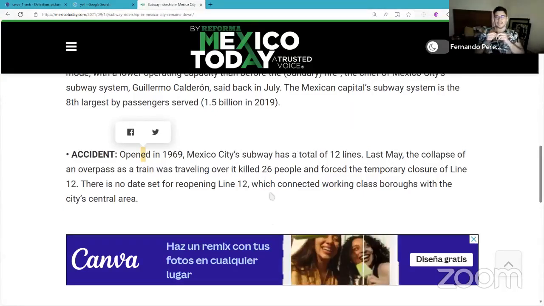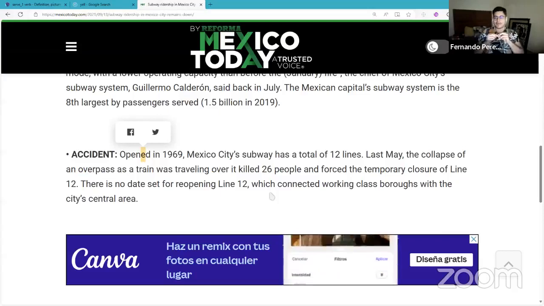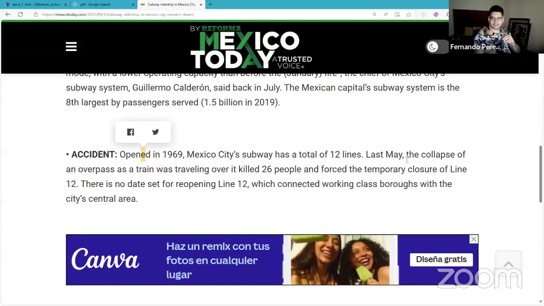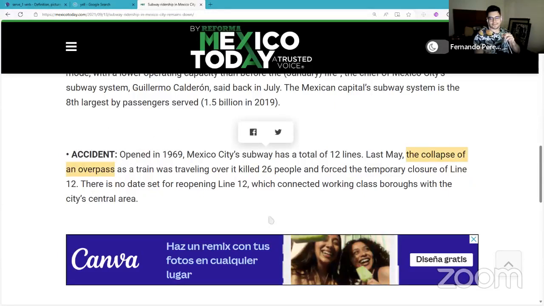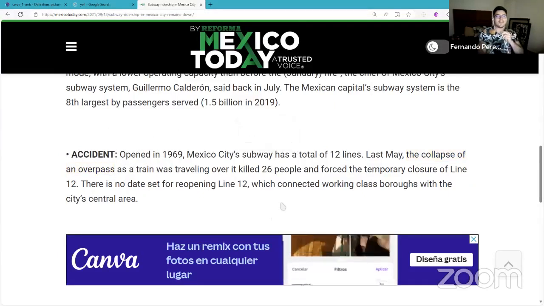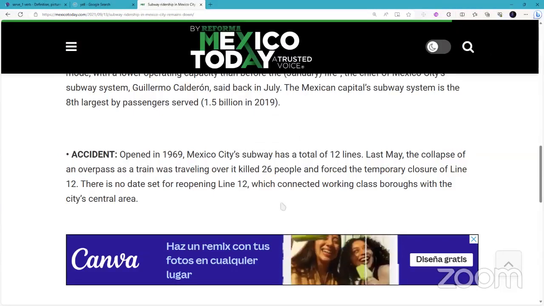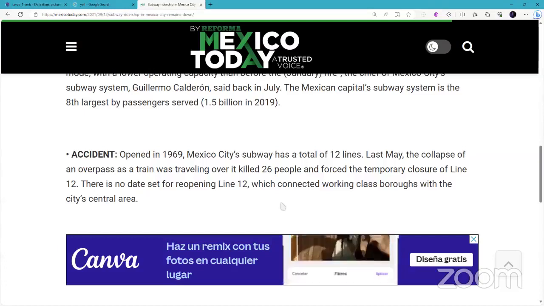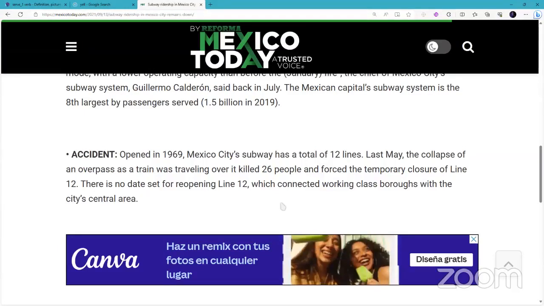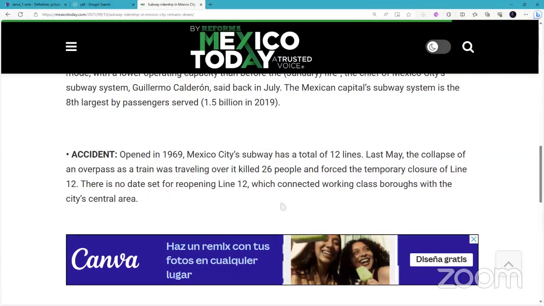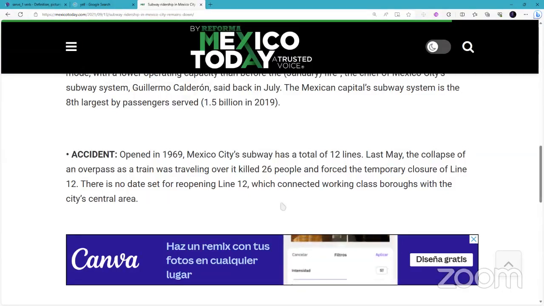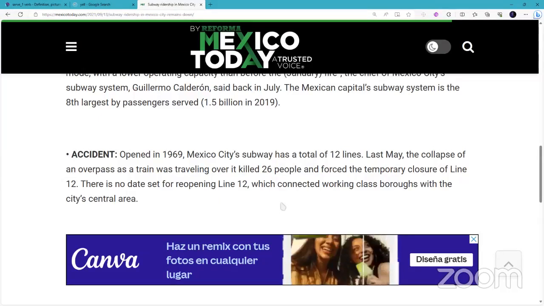I'm trying to locate you on the text. One more time. What happened last May? That's faster. The collapse of an overpass as a train was traveling over it killed 26 people.